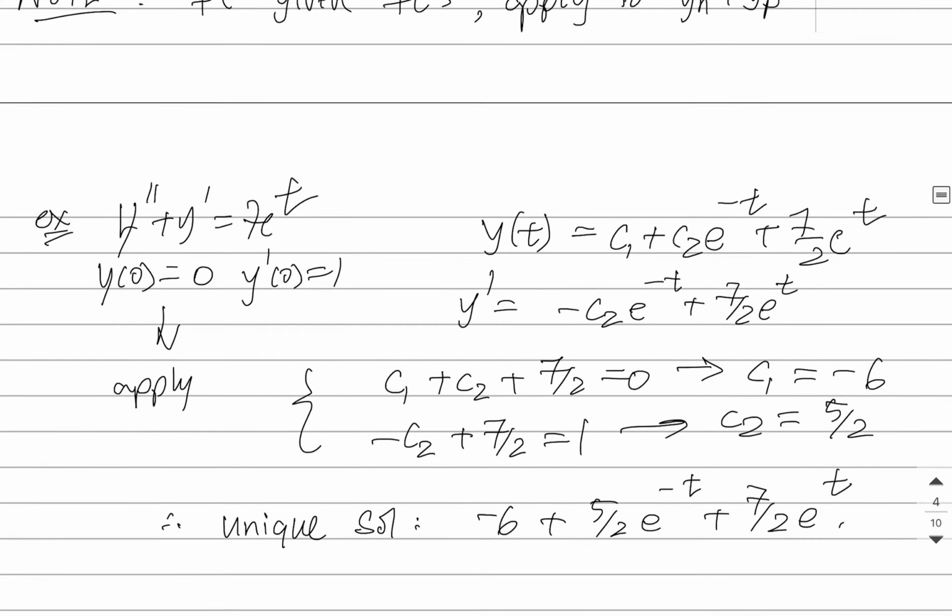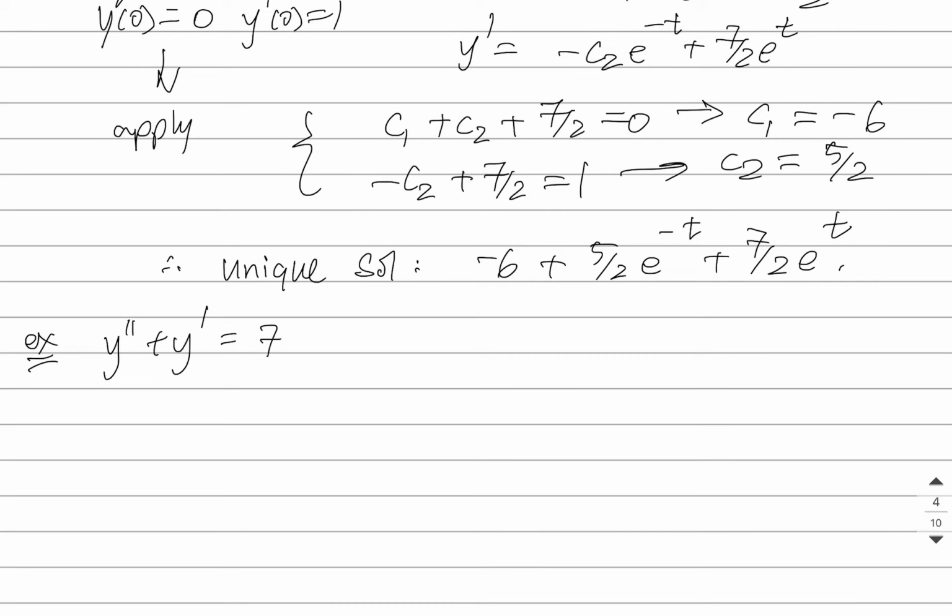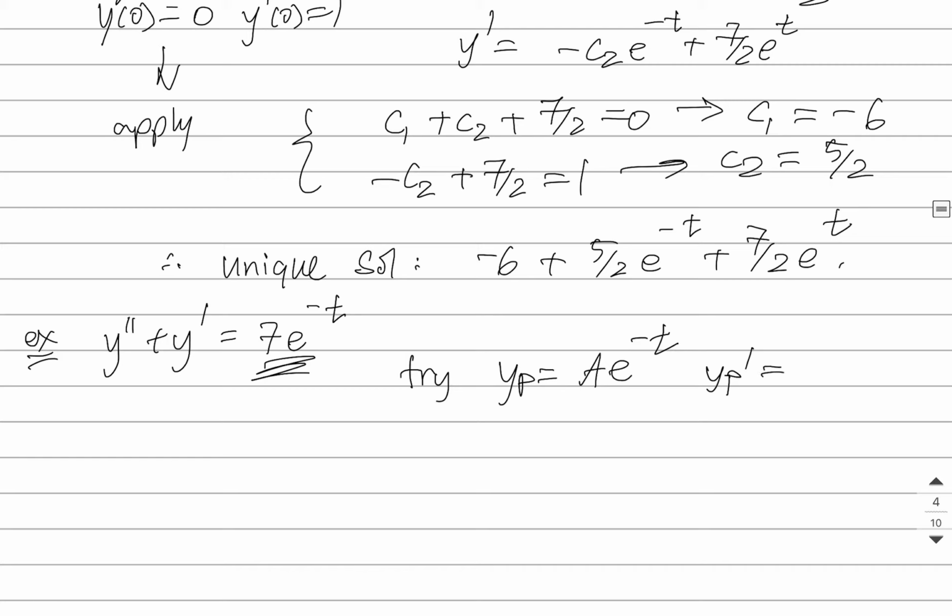So in principle, the idea is straightforward. However, if I just make a small tweak on the right-hand side, so if I were to say the driving force is 7 e to the minus t, and I try the particular solution as a response that's just a mirror image of that, if I go through and do the same old stuff that I just did a moment ago, I'm going to run into a problem.